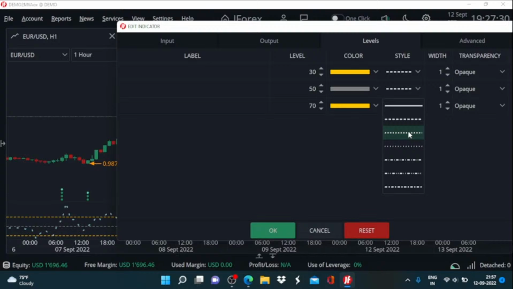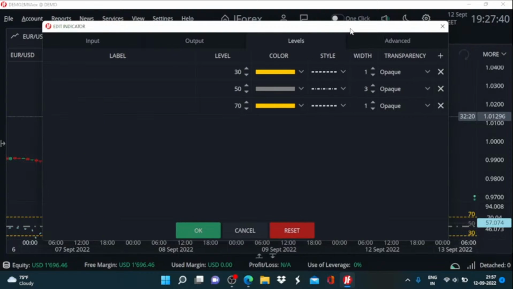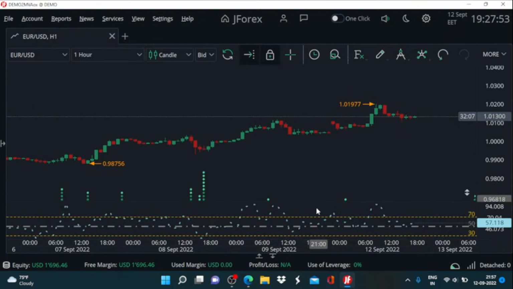Now if you want the middle line, which is quite important, to be more prominent and displayed differently, then you can opt for that as well. And you can increase or decrease the transparency of these two lines, levels, 30 on the lower side and 70 on the higher side.